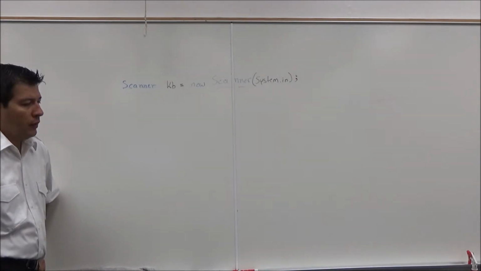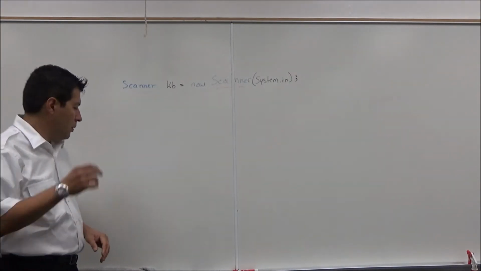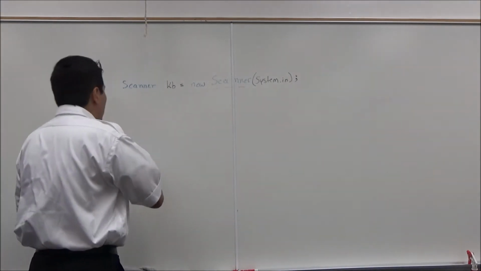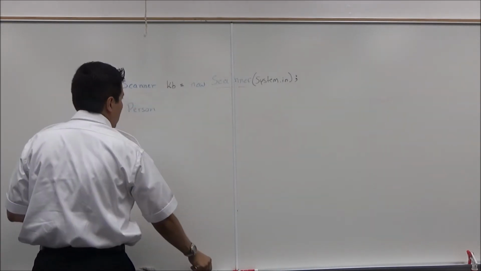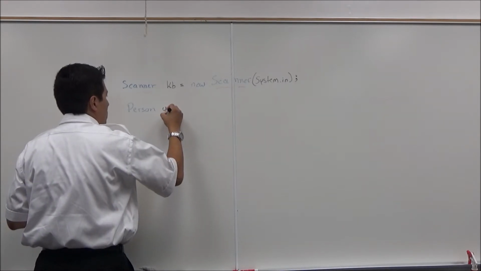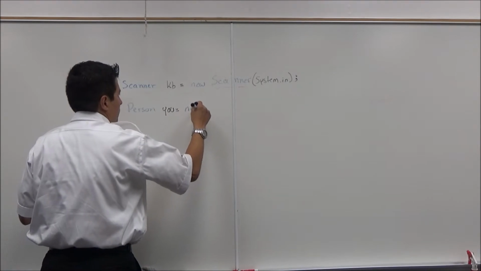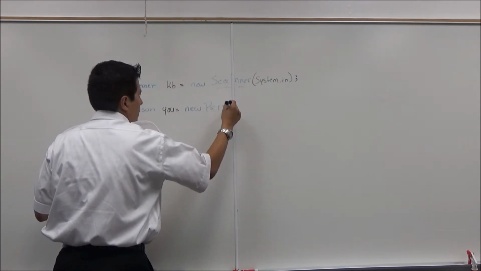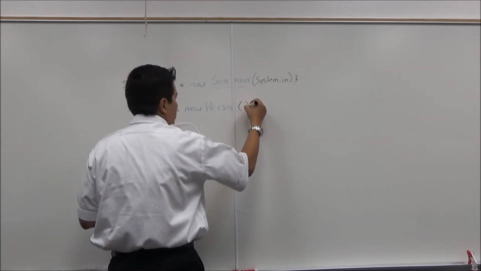So, in the example, we did the person class or something like that, didn't we? So we have a class person, and then we had it like this, but this one didn't take any parameters, right?